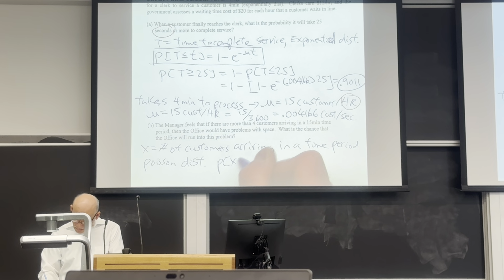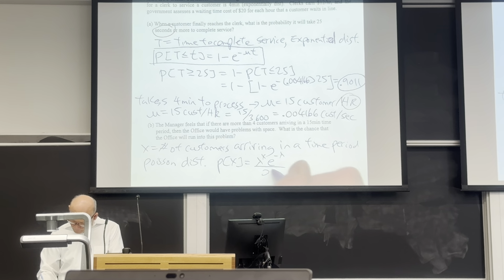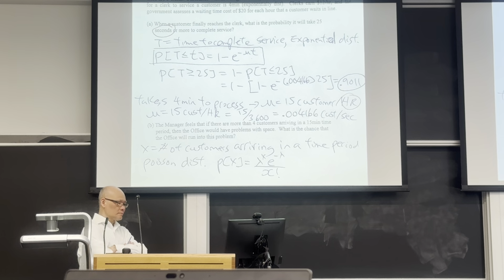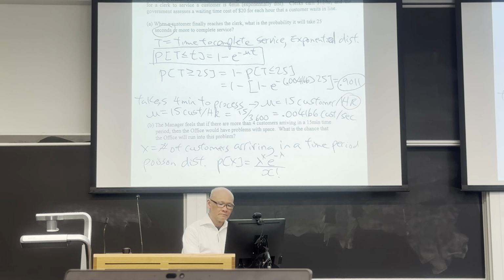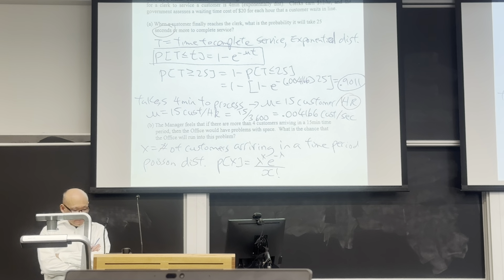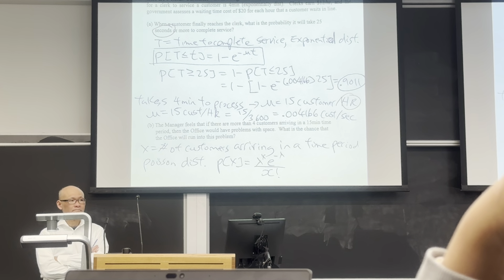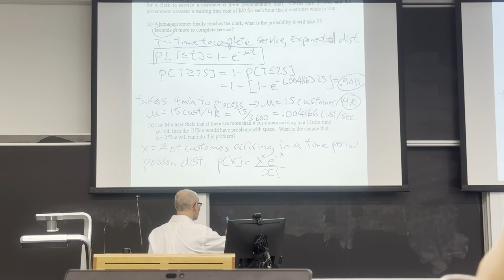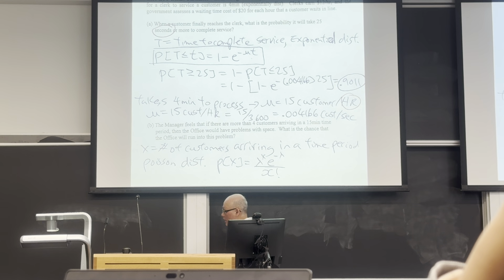And so there's my Poisson distribution formula. And in the formula, lambda is the so-called arrival rate.